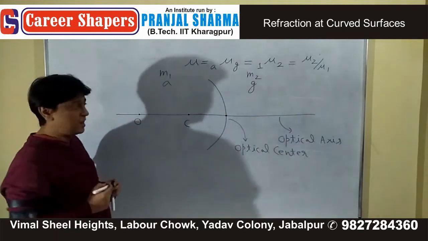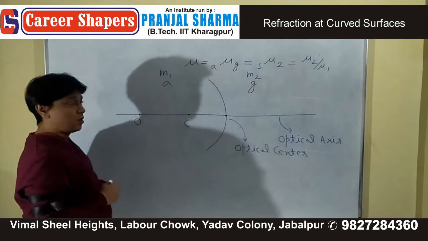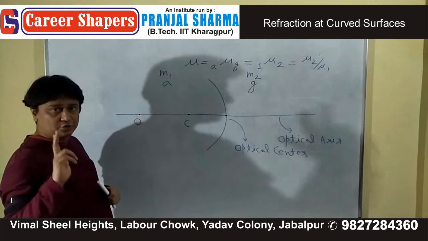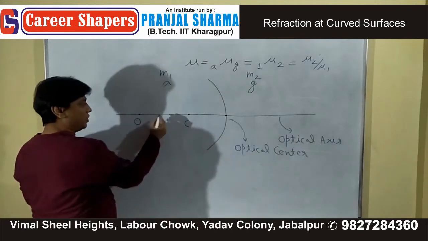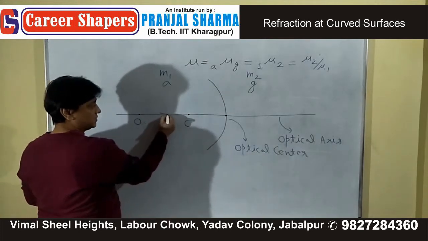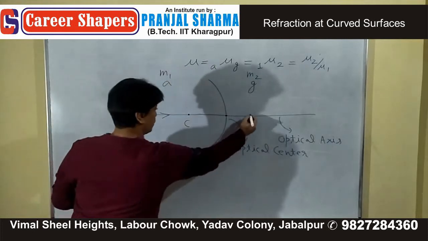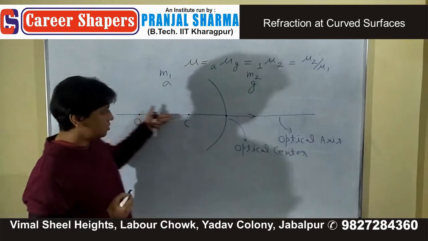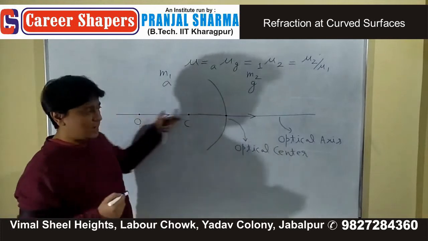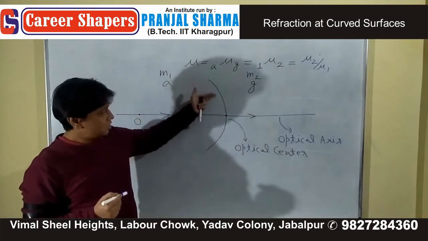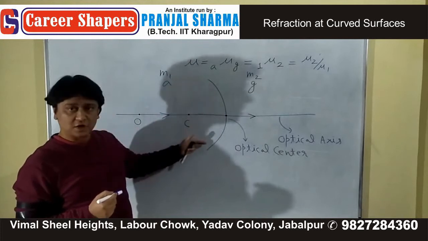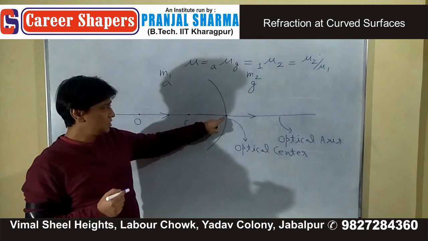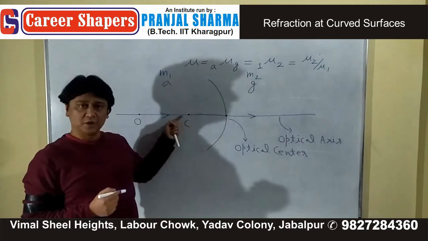So what do we do for that? For an image, we always need at least two rays. One is this, which goes straight as it is moving along the normal itself. This optical axis is nothing but the normal drawn at the surface right at this position, at the middle portion, and therefore it is passing through the center.